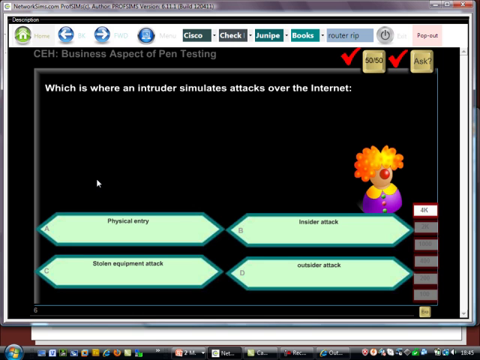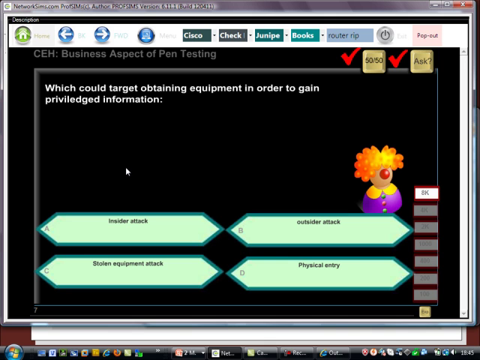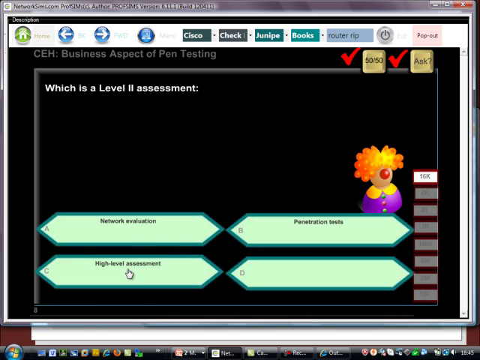Which is where an intruder simulates attacks over the internet? Sounds like an outsider attack, which could target obtaining equipment in order to gain privileged information. So let's go for stealing equipment attack. So level 2 assessment: level 1 is high level, and then level 2 is network evaluation followed by pen testing. So let's go for network evaluation. What helps with integrity?